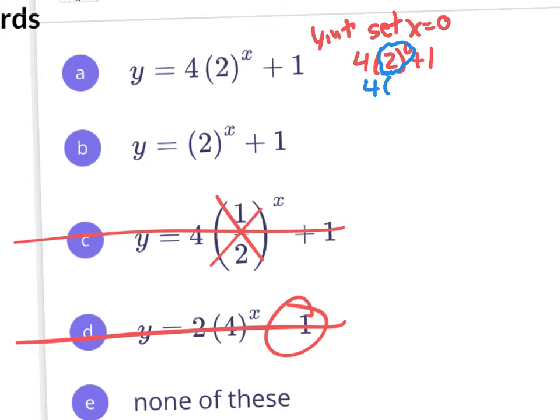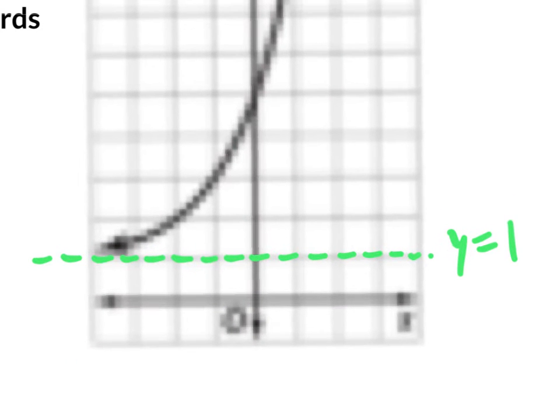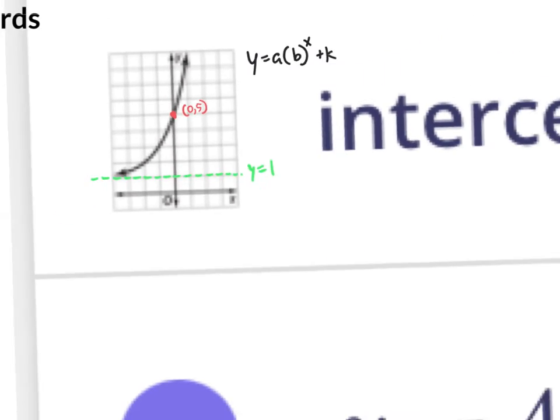So you really have 4 times 1 plus 1, which is really 4 plus 1, which is 5. So the y-intercept is 5. Does the graph cross the y-axis at 5? Here we are, 0, 1, 2, 3, 4, 5. Boom. We know this one has the y-intercept of (0, 5). We know that that's the right option.